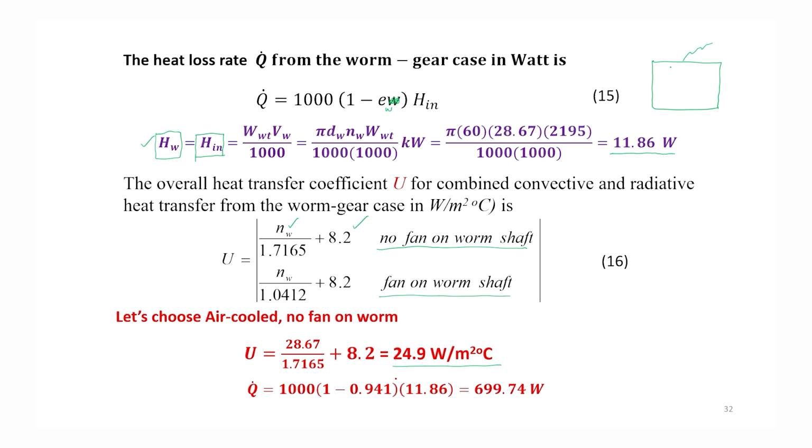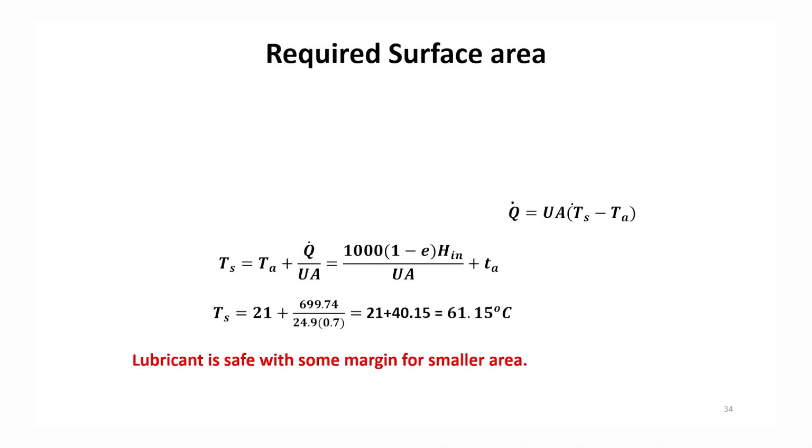Now knowing that, we will get the Q dot. Q dot is equal to 1000(1 − e_W) and the H_in. H_in is this one. Okay. Now the required area for the transfer of heat is given by AGMA as A_min is equal to 1.139 × 10^−4 C^1.7.